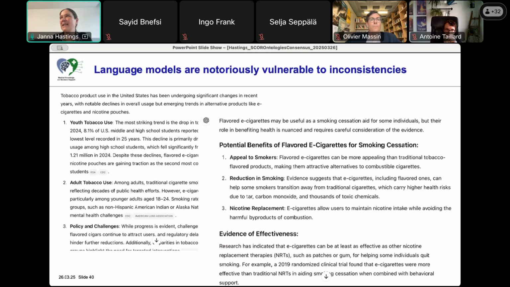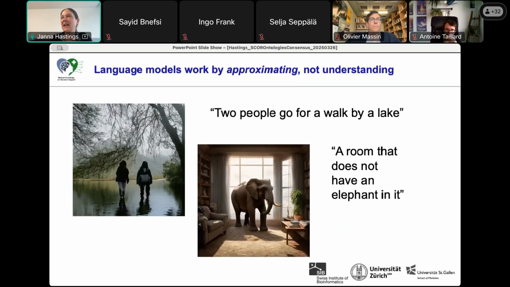All right, so I skip over that. These are footnotes on the usability of language models, which I always enjoy putting into presentations, but we might not have enough time for. Just a reminder that what language models do is a kind of approximation, not necessarily a definite and clear understanding. These are two of my favorite examples.